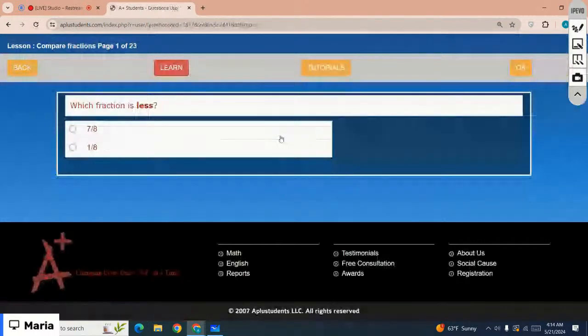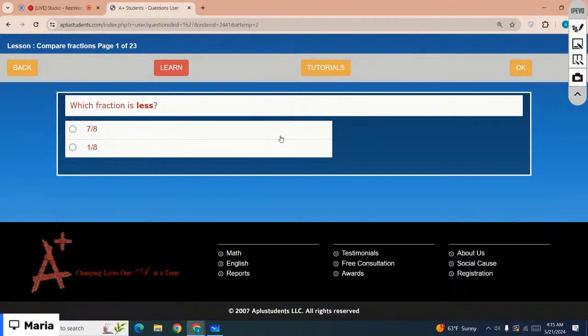Which fraction is less? 1 by 8, 7 by 8. Basically, they are without models, right? So if they have the same denominators, the less one is the one that has the smaller numerator. For both, they have the same denominator, that is 8, right? Now just compare their numerators. 1 is less than 7, right?